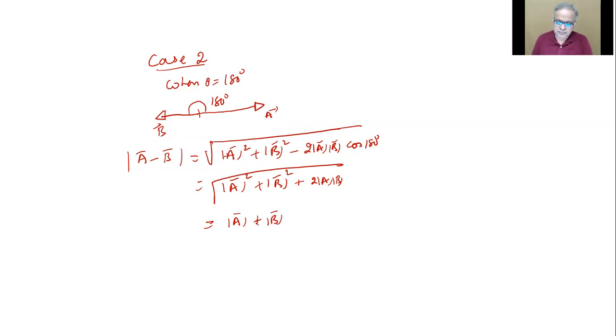Compare it with the sum, A plus B. That was mod A minus mod B. And this is the maximum value of the difference.